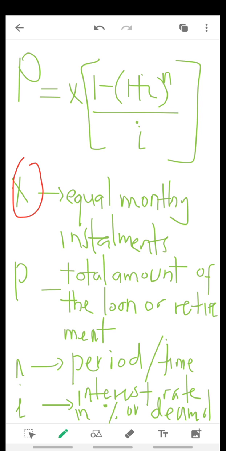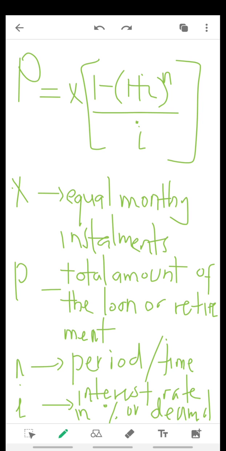Where x, same as in future value annuity, is the equal monthly installments paid into an account, and P is the total amount of the loan or retirement. And n is the period or the time taken to repay the loan or your retirement, and i is the interest rate, in percentages, or we work with it as decimals.